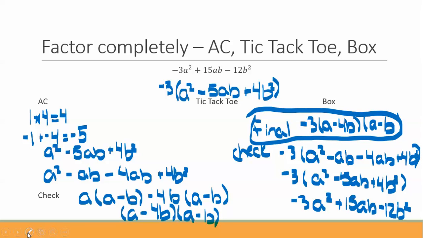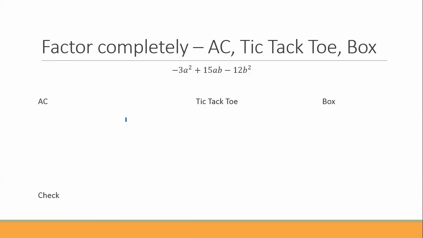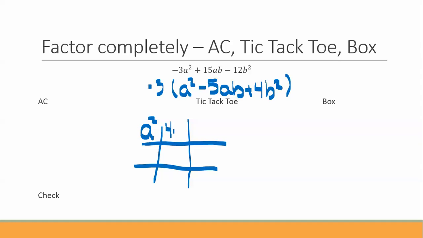Now let's try the tic-tac-toe method and see how that works. Again, we're factoring out the negative 3, and we have a squared minus 5ab plus 4b squared. Tic-tac-toe method, we have the a squared here and the 4b squared here.